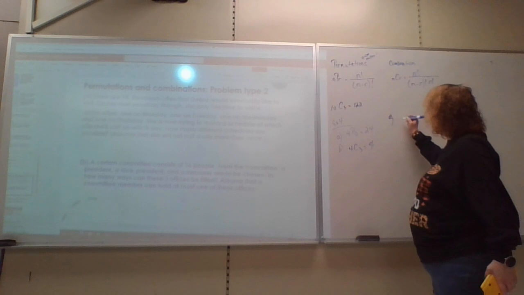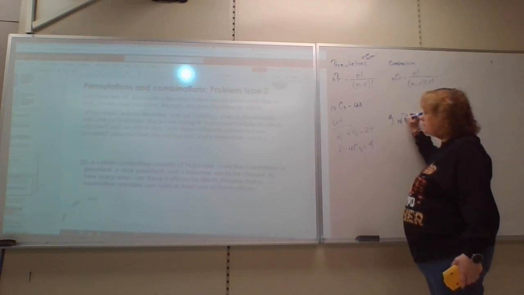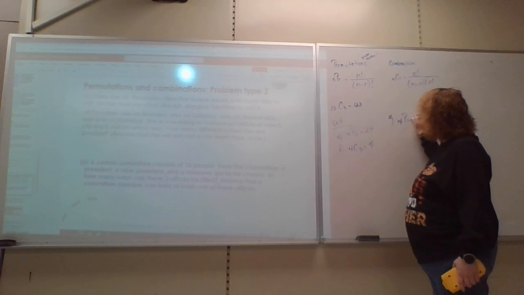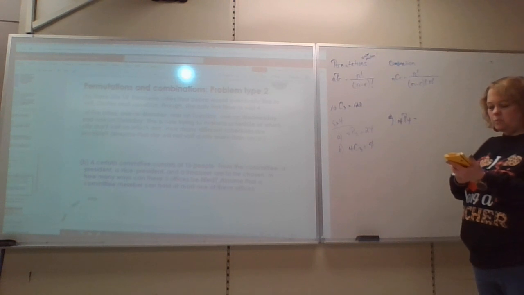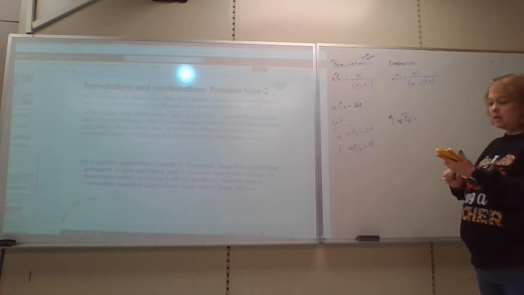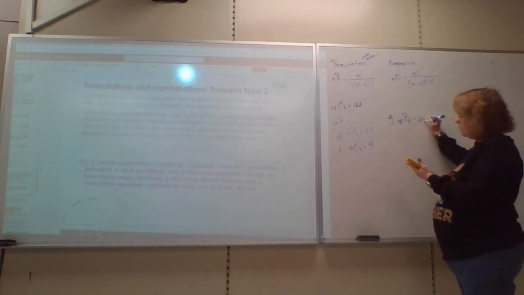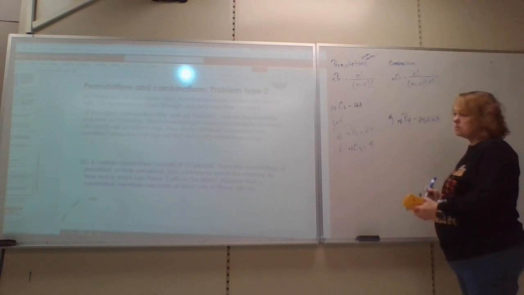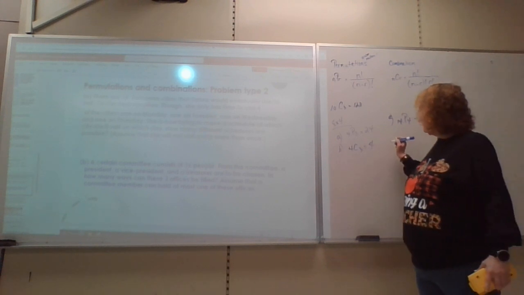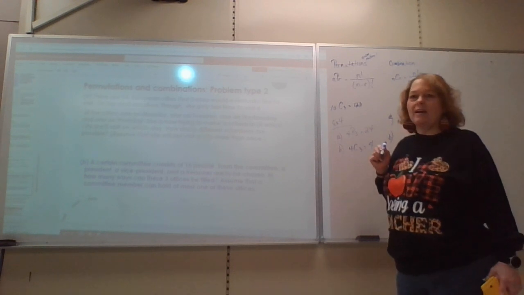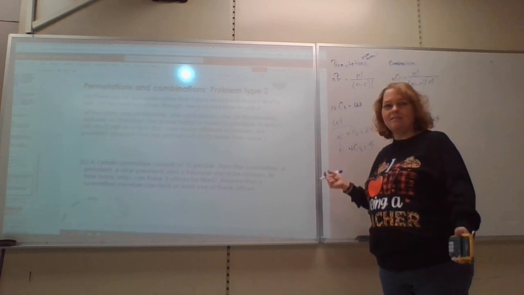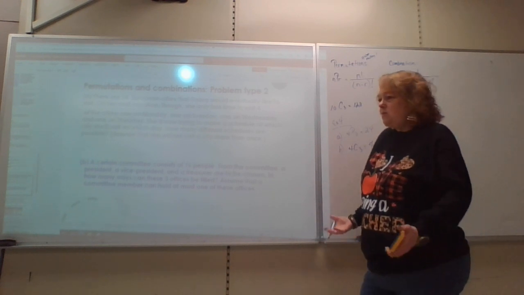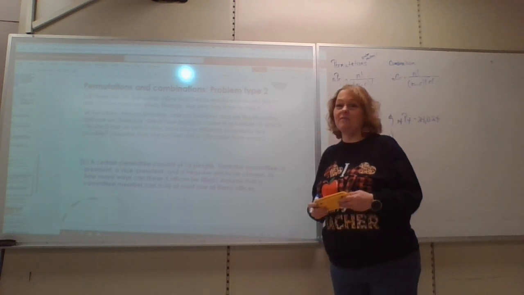So you would put 14P4, because she can visit 4, and you get 24,024, right? If you put combination, it'll be wrong, try again. Then you know it's the other one. Have you counted that yet? And then you'll be like, I don't know which one to put. Yeah, because I haven't taught you that yet.